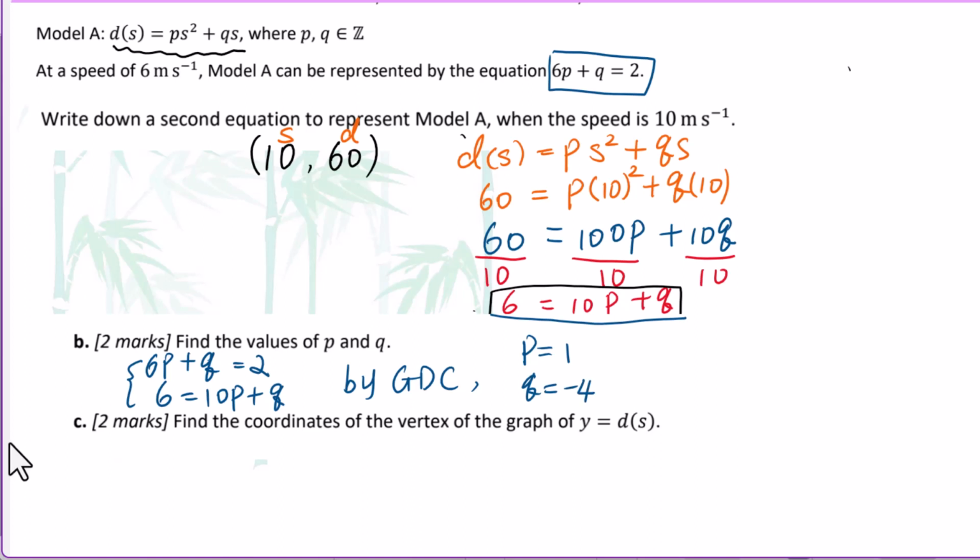C. Find the coordinates of the vertex of the graph y equals d of s. We substitute the values for p and q: 1s squared minus 4s. Simplify: s squared minus 4s. But when we put this into the calculator, make sure we change the variable into x.